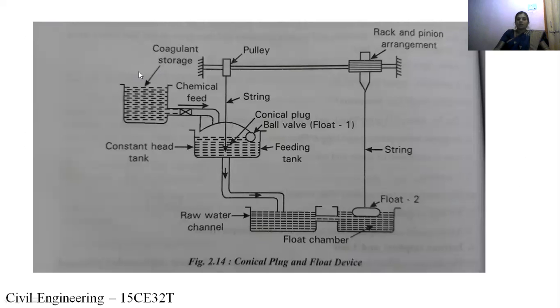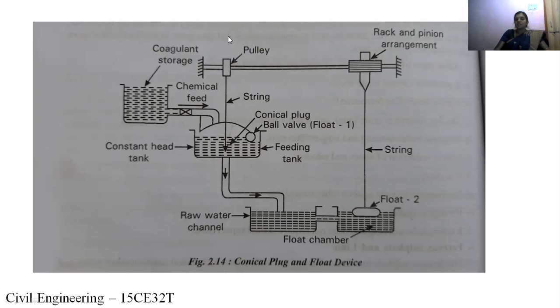Here, in the coagulant storage tank, the coagulant will be stored in solution form. This is the influent channel of chemical feed. So this is the constant head tank to control the coagulant dosage. In the raw water channel, as water level increases, the float rises.